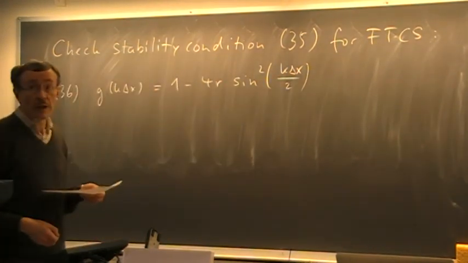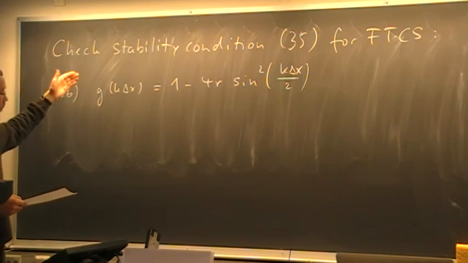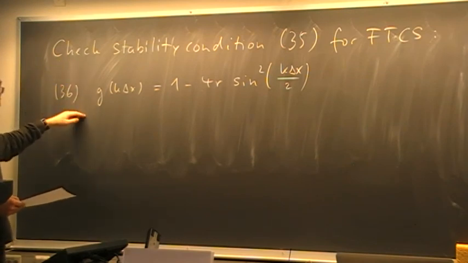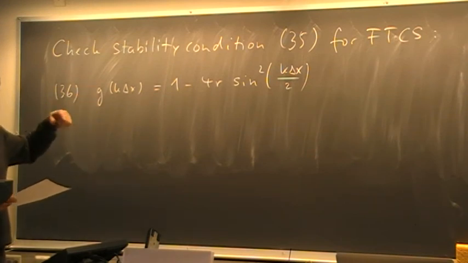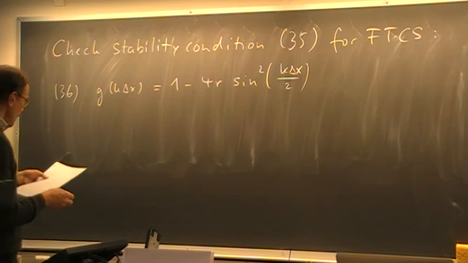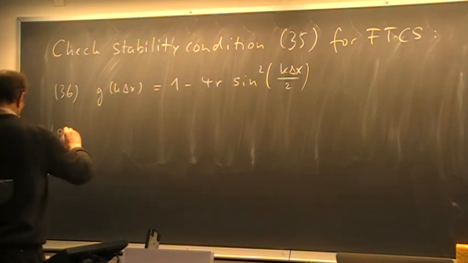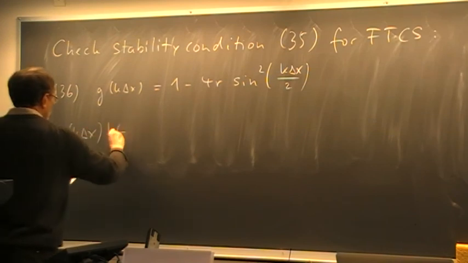So that was what we derived. It was the ratio of the Fourier transform at the new time level divided by the old time level, and that is the factor that we multiply each time we apply the scheme. And we look at the Fourier modes. So the condition that we have to check is the absolute value of g of k delta x smaller or equal than 1.